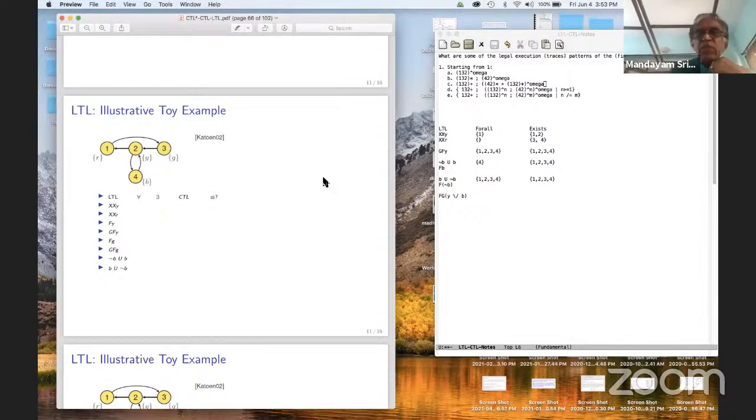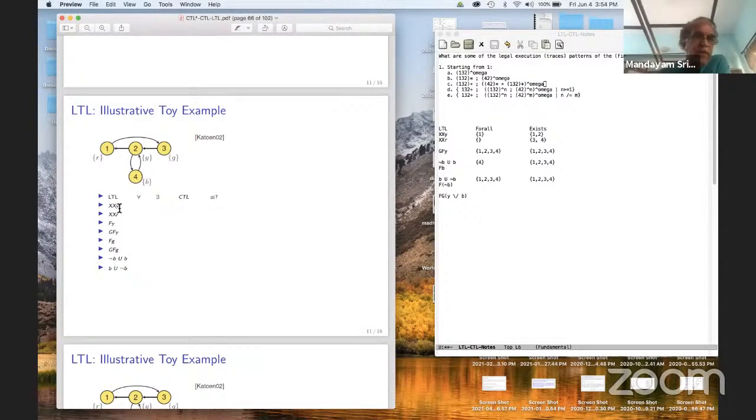Okay, so let's look at this XXY. So you're all convinced that those states from which every path originating from that state satisfies this formula is only one. I mean, that state is one.